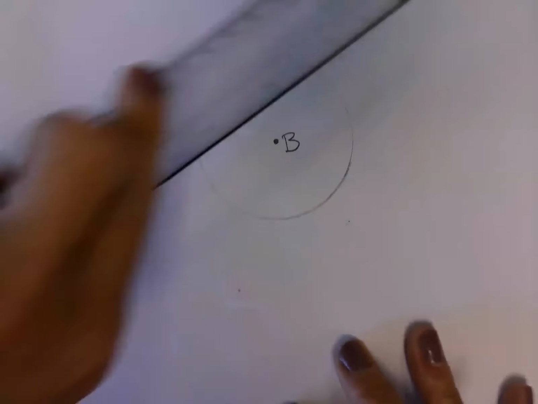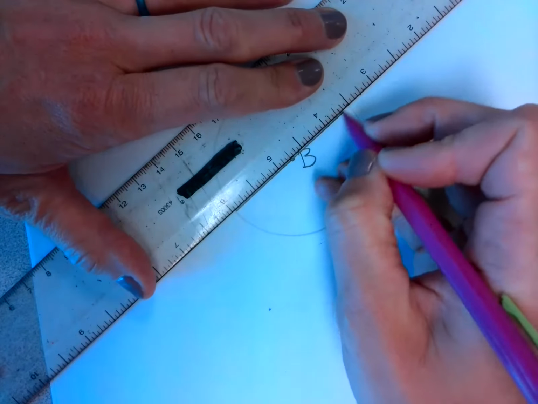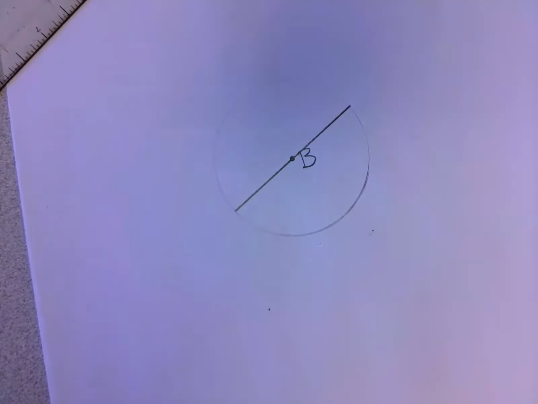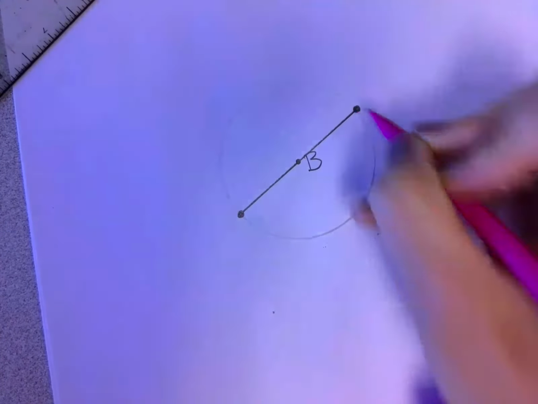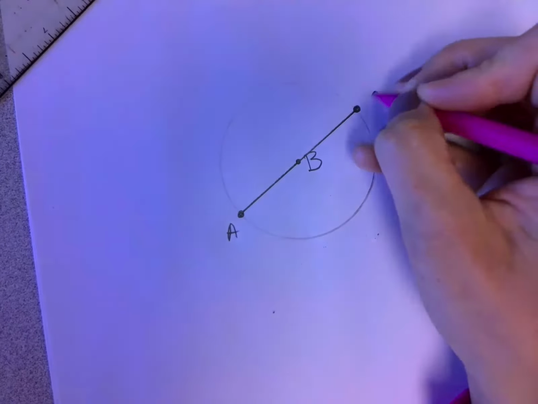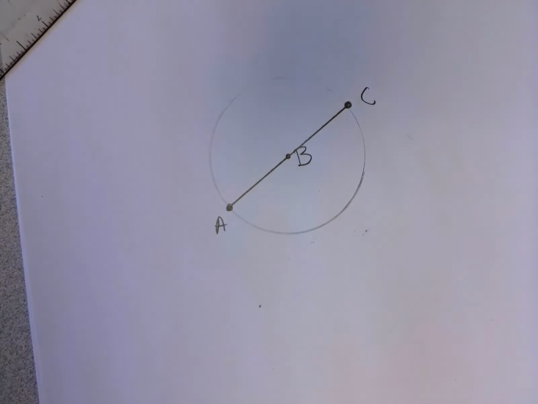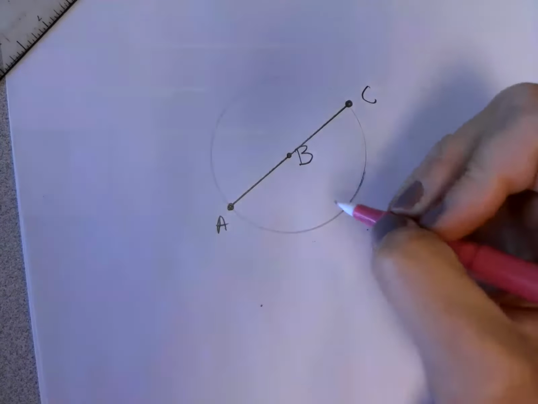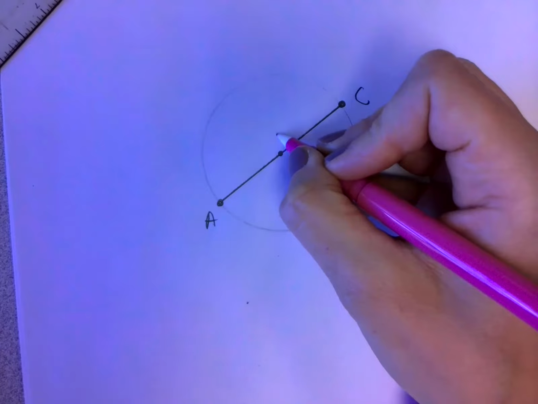And I'm going to draw a perfectly straight line. What did I just draw there? What is that called? If it goes through the center point from side to side, it's a diameter. And let's call this one A and that one C. And if I told you the diameter of this one was, I'll make an easy one, not a hard one, 9.